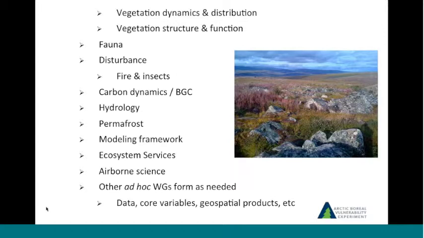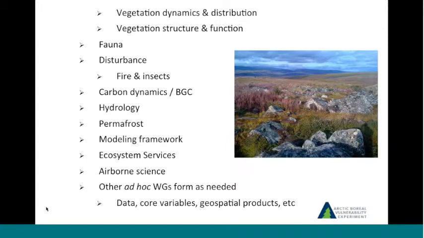In terms of how Above is organized, we've got a series of working groups that largely follow the objectives that I laid out earlier. Each of these working groups has a designated lead, and they include flora, or vegetation dynamics and distribution, vegetation structure and function, fauna, how animals move across habitat in the domain, and fire and insect disturbance, especially fire disturbance, which is a big part of the activities.